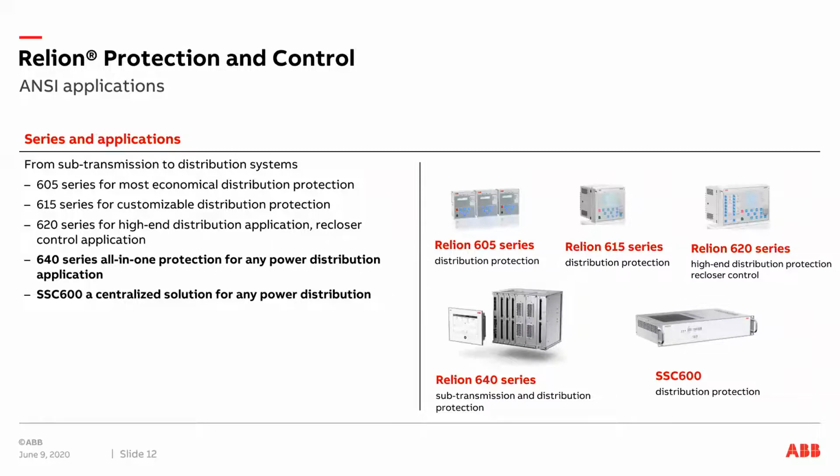What you see here is a Reliant 605 series, which is the most compact protection and control device. And then we have a Reliant 615 series, which is a box which has a lot of flexibility and functionality, and also Reliant 620 series. The Reliant 620 series is for high-end distribution application and has a recloser control application, and also Reliant 640 and SSC 600. I have more slides on 640 and the SSC.